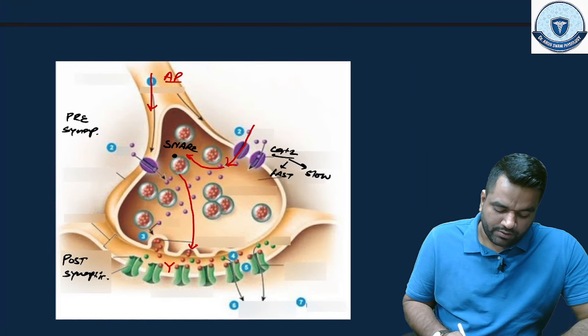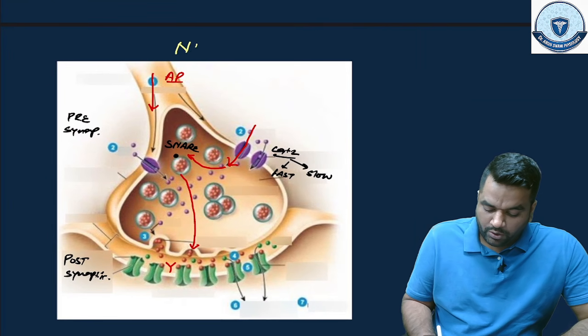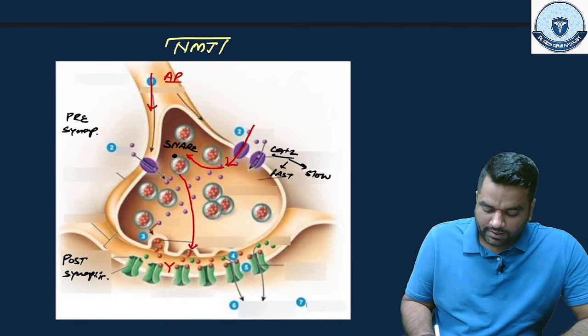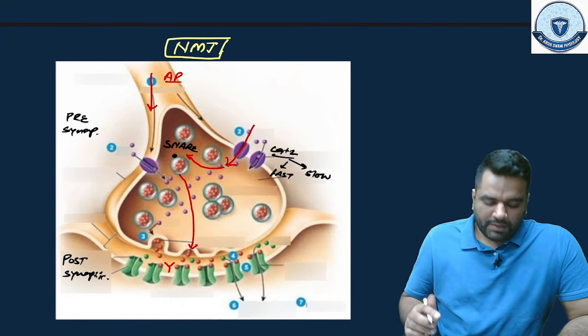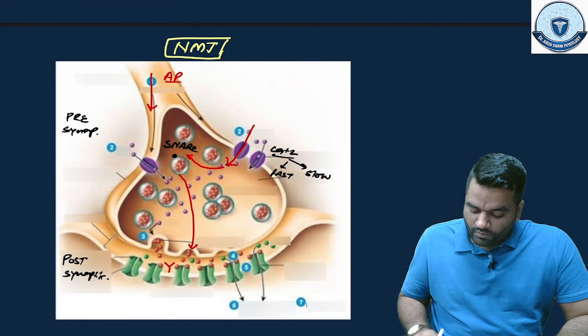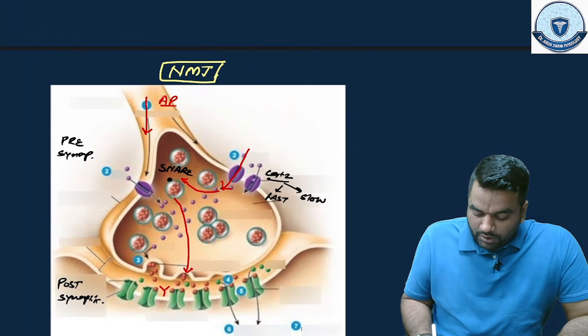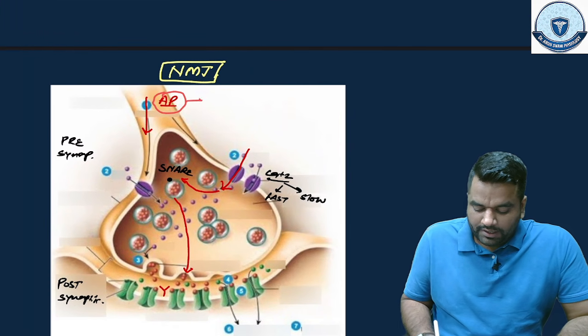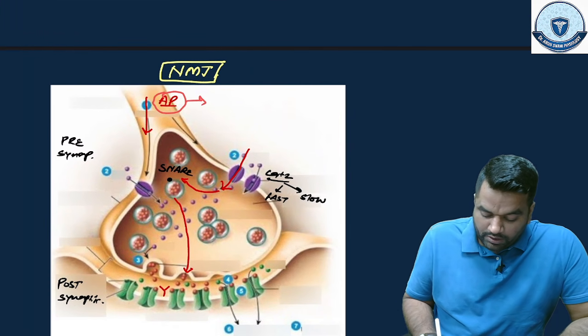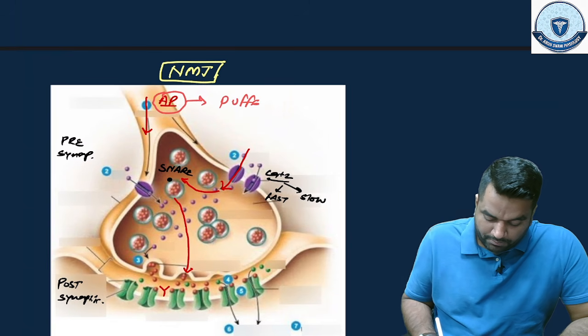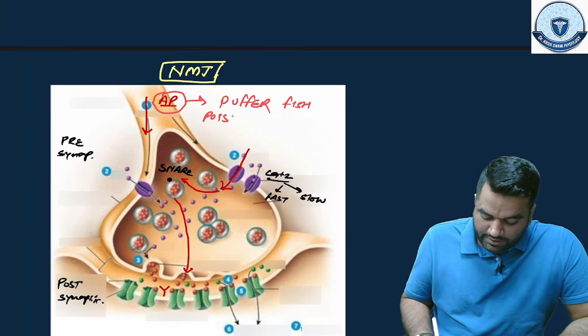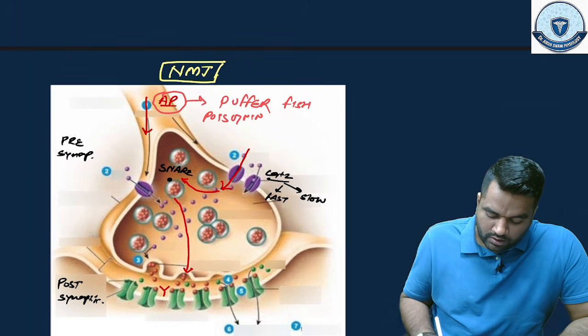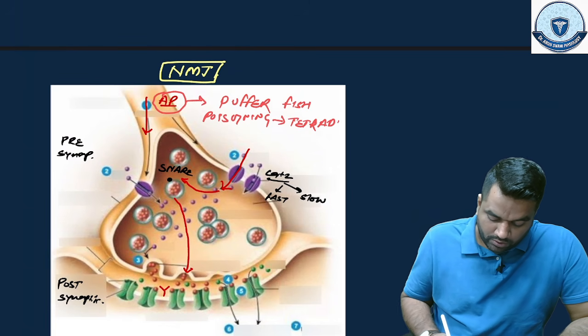So this is your neuromuscular junction, NMJ, very very important. So guys, please pay attention. If this action potential is not coming properly, this could happen due to puffer fish poisoning, which contains tetrodotoxin.